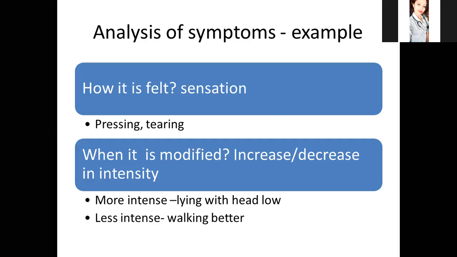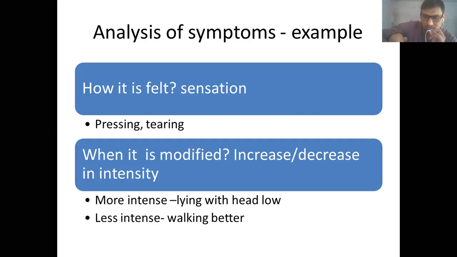Then the fourth question we are going to ask: along with these symptoms which are related with the nose and paranasal sinuses, what other symptoms have come along with them? Have you understood the question?